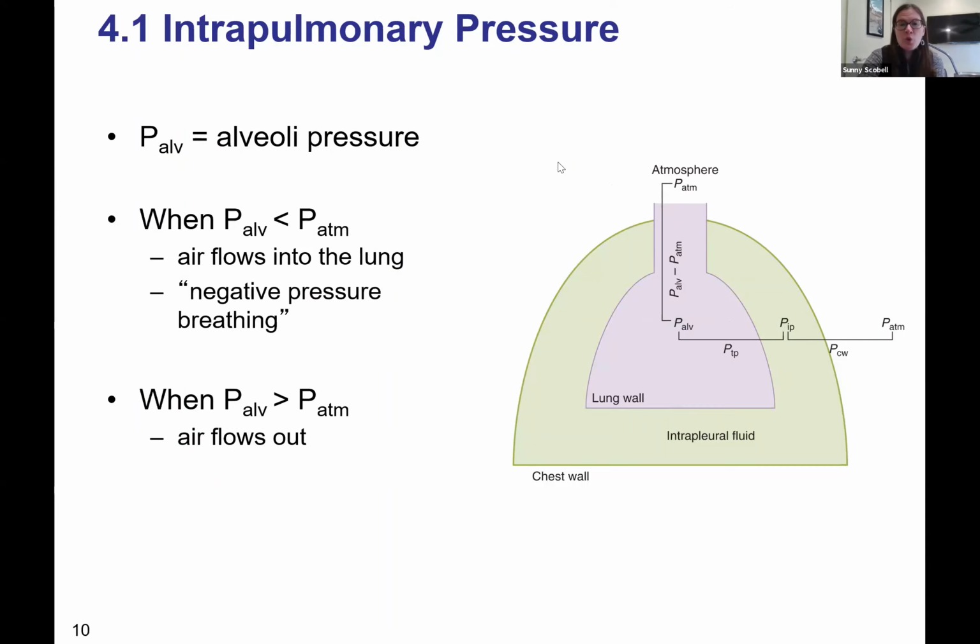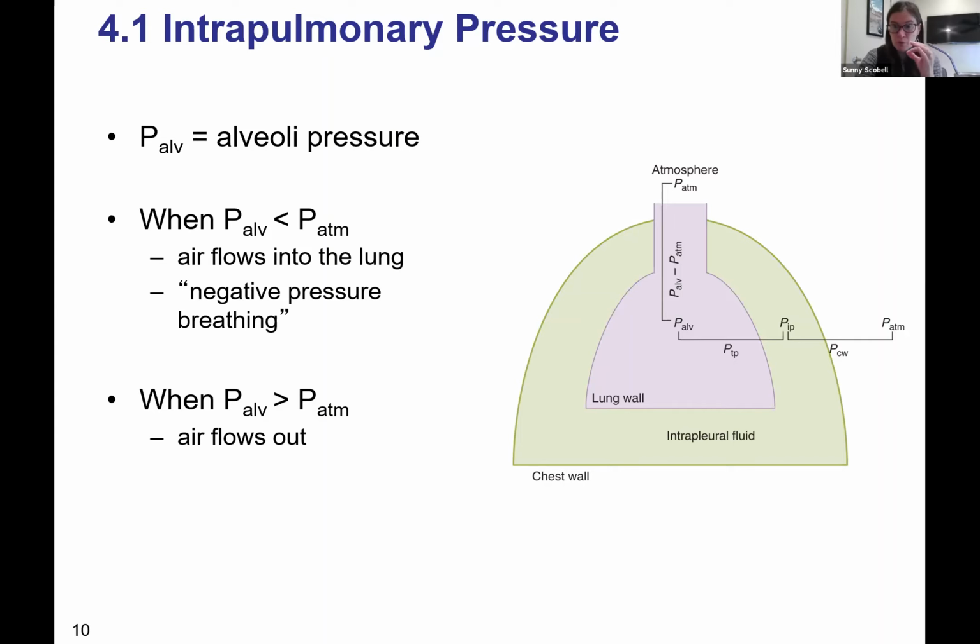All right. So when the alveolar pressure is lower than the atmospheric pressure, that's when air is going to flow from high to low, and it's going to come into the lung. And you want to think of this as negative pressure breathing. The thing that brings air into the lung is the vacuum, right?